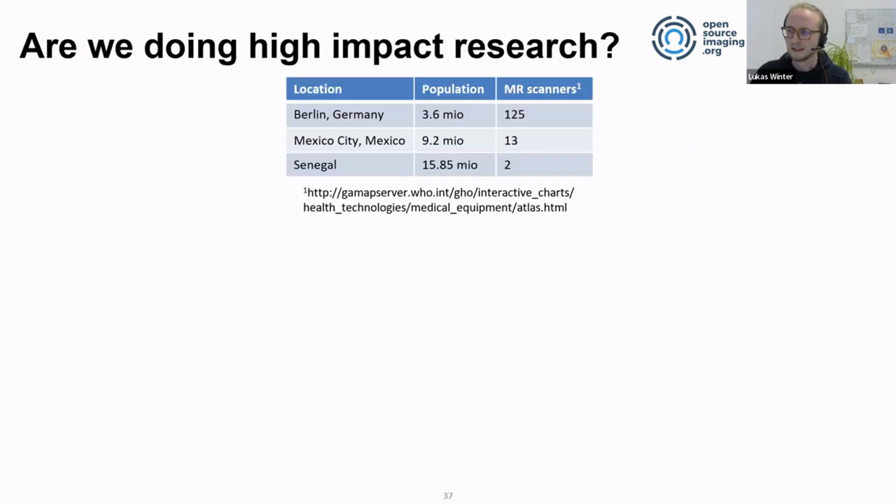And here we have to ask ourselves, are we doing high impact research? Taking this example, because this is very theoretical, let's make it very specific. Berlin, 3.6 million people, 125 scanners. Mexico City, 9.2 million, 13 scanners. And Senegal, nearly 16 million, 2 scanners.